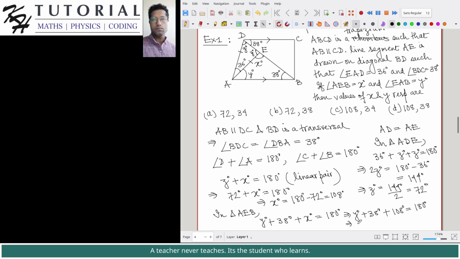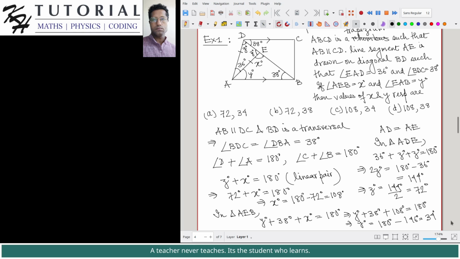So this implies y degree is equal to 180 degree minus 38 plus 108 is 146 degree, which is equal to 34 degree. So y is coming to be 34 degree.